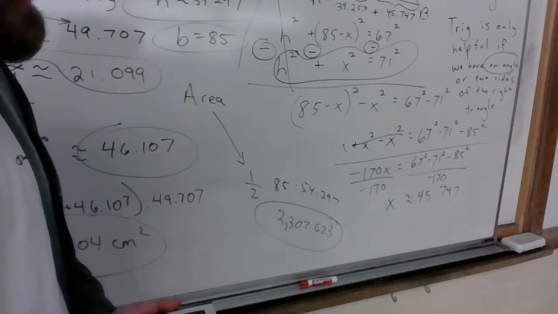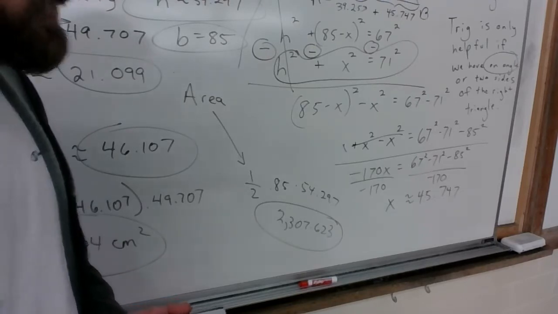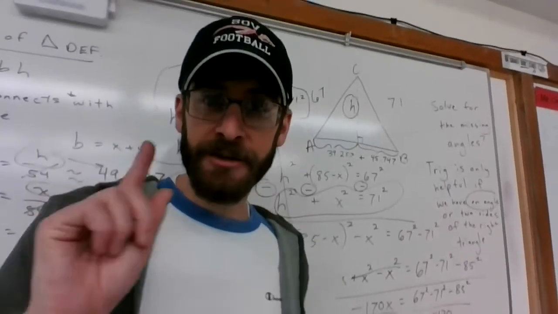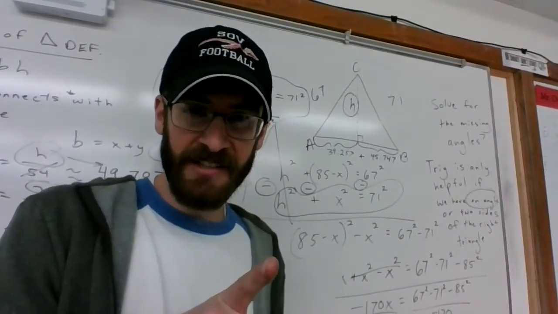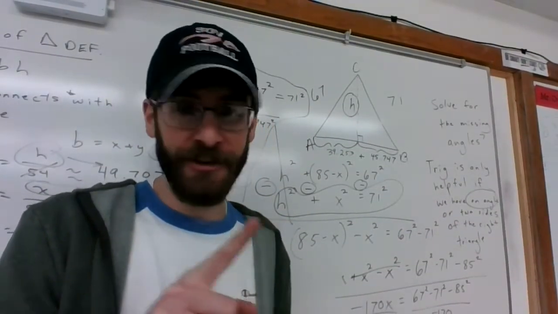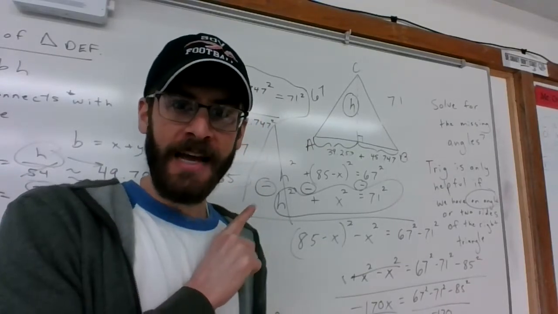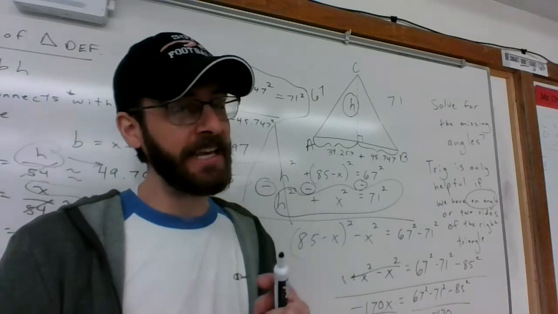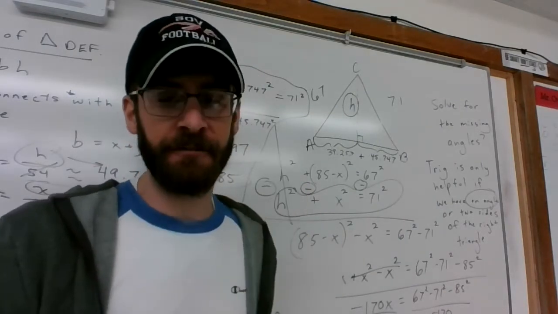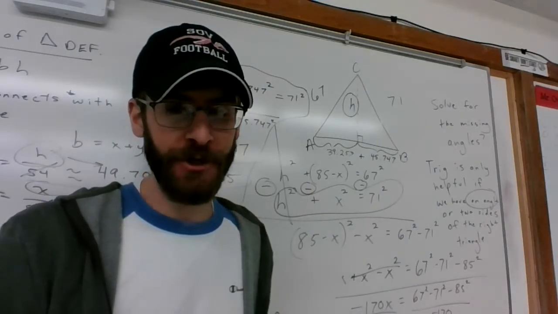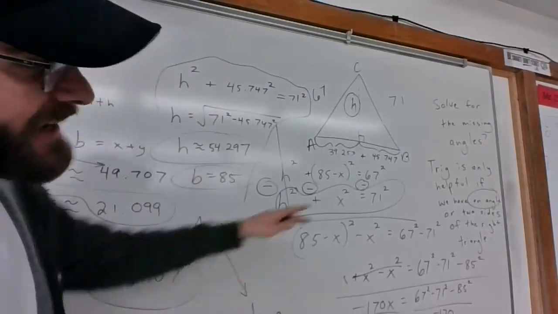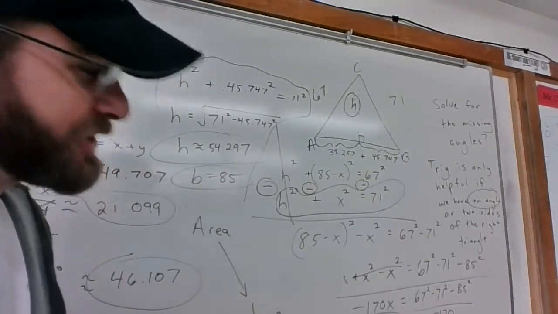Actually, I just asked to solve for the missing angles. So this would be the area of it. Man, guys, I'm screwing up left and right. Here's the thing, though. We're 16 minutes and 20 seconds into this thing. I'm not starting the video over. So here's what I'm going to do. I am now going to solve for all those missing angles, and I believe I have more than enough information to do so. I didn't ask to solve for the area, but I just kind of went with it.